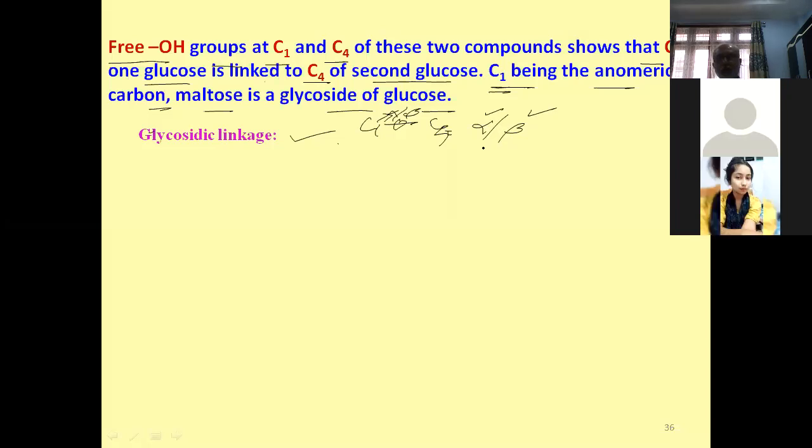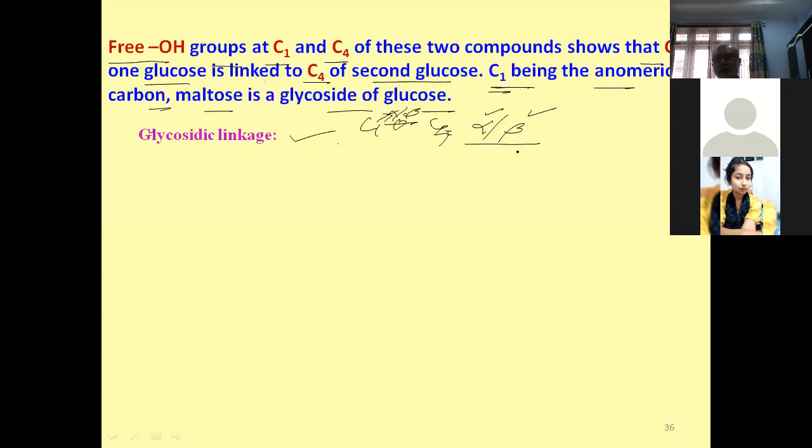The position of the OH group will matter, but then whether it is alpha or beta, how do you know? Because it is a natural compound, we cannot invent our own maltose. Maltose is natural, so we have to know its natural connection, no?